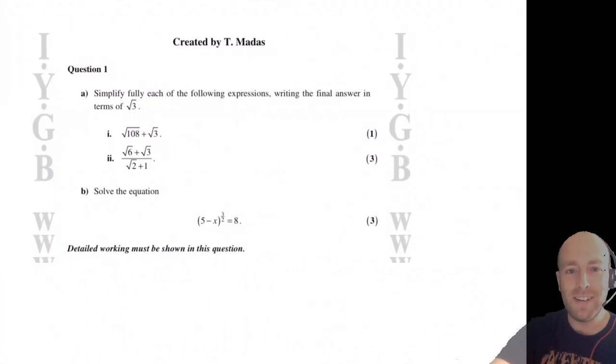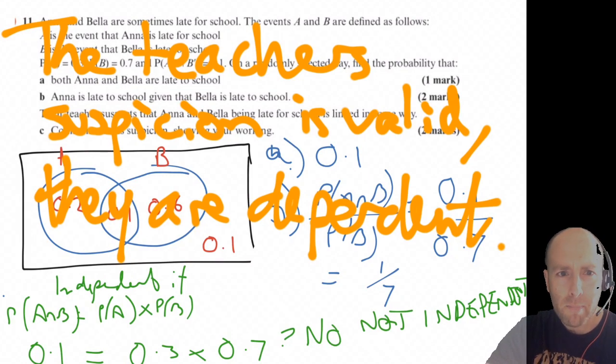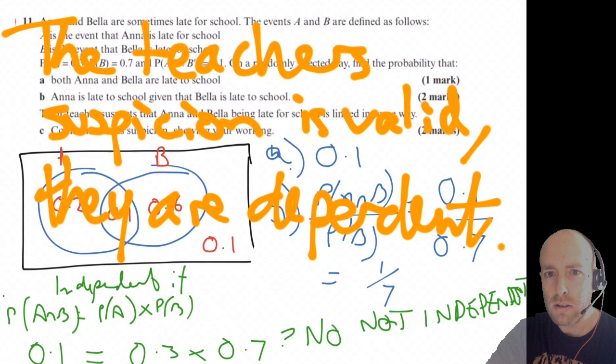I think it was paper G. Let's just have a quick look at my downloads folder. I can actually see it now.